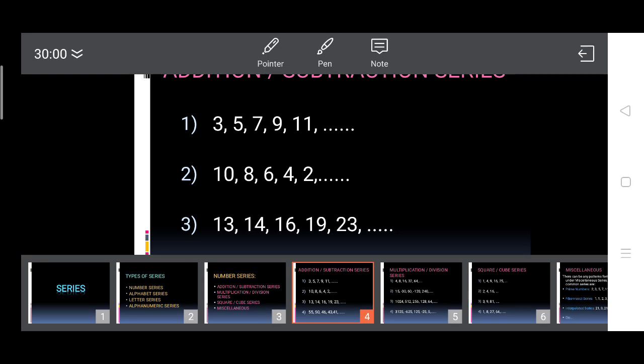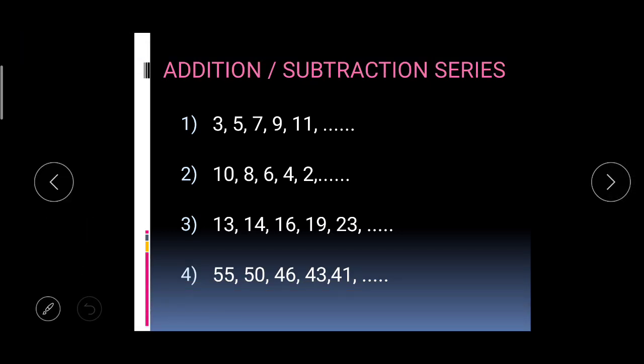The difference is 2, the difference is 2, the difference is 2 in each subsequent term. So if I need to find the next term, again I have to add 2 to the previous term. So the next term is what? 30.